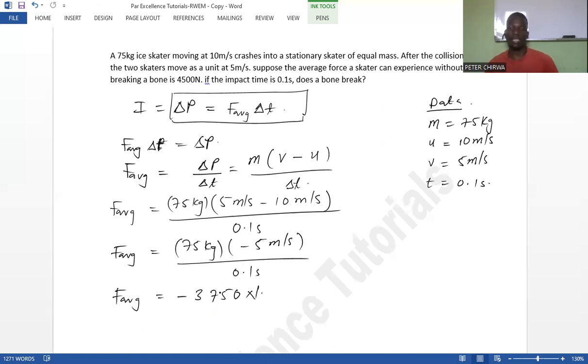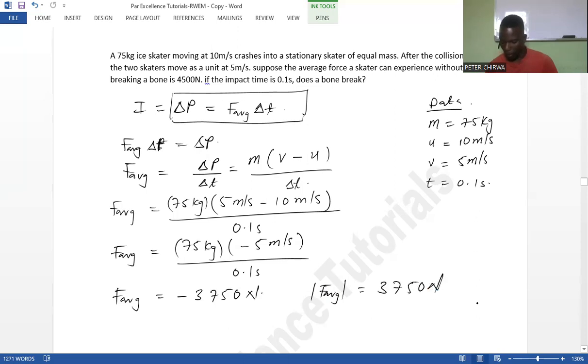So if the skaters were moving in the positive direction, the average force was in the negative x direction. So the average here is just the magnitude, which is 3,750 Newton.